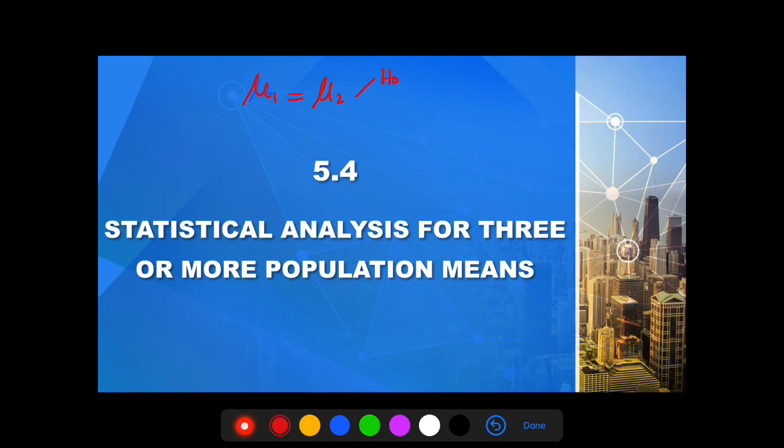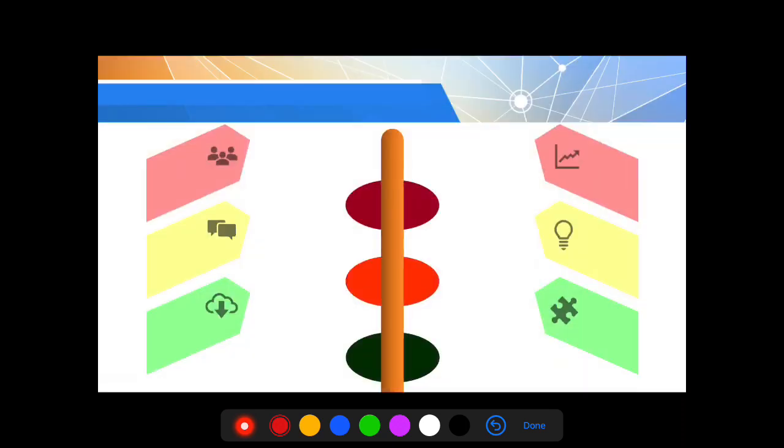You have to test H null: mu1 equals mu2, and H1: mu1 not equals mu2. So how about if you have more than 3 population means? Mu1 equals mu2 equals mu3 equals mu4. You can no longer use this traditional hypothesis testing. You will use what we call ANOVA. So the ANOVA we will cater for in this subtopic.